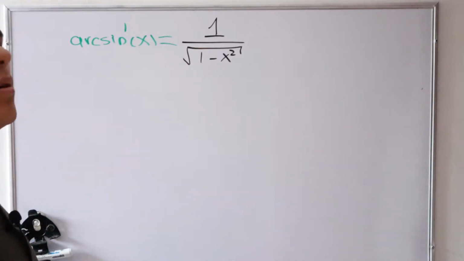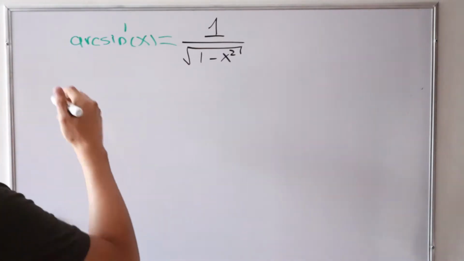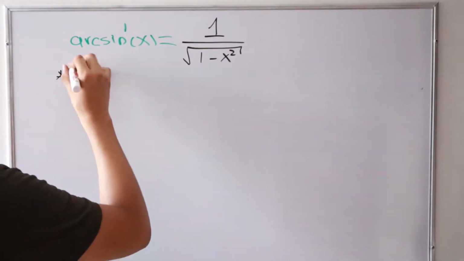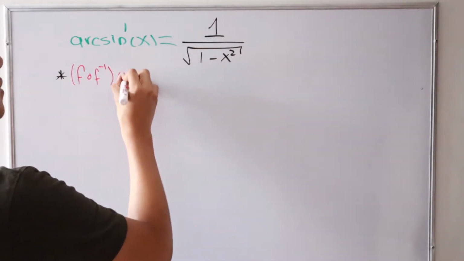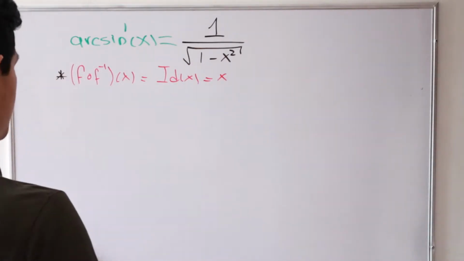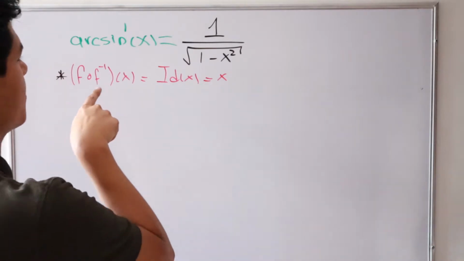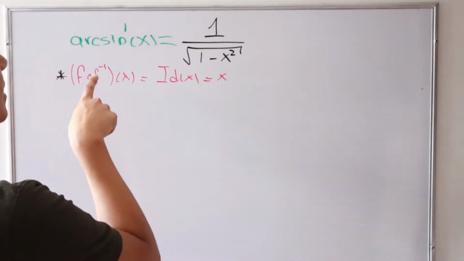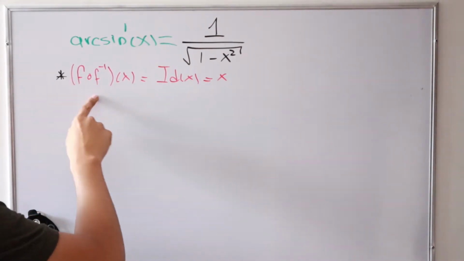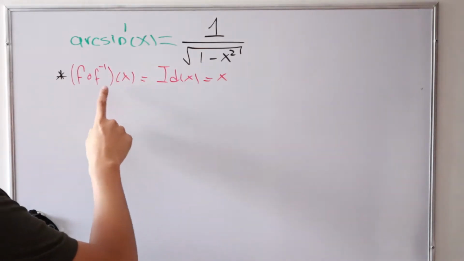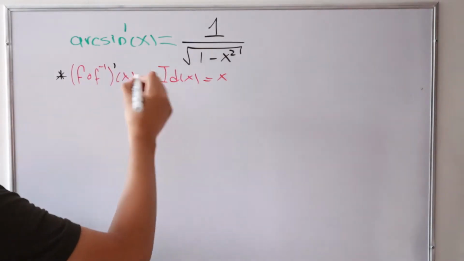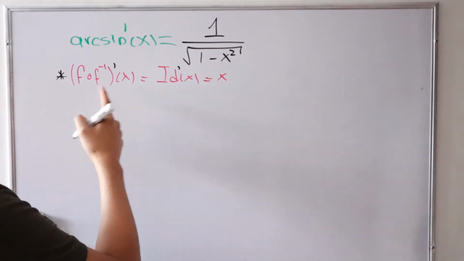So guys, we need to recall two different concepts. The first one is about the derivative of this function. We have that the function composition, the inverse of f followed by f, is equal to the identity. So if we want to find the derivative, we need to differentiate both sides.